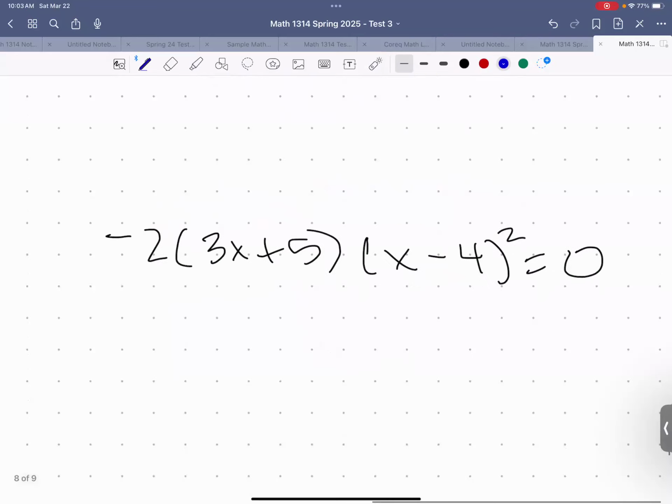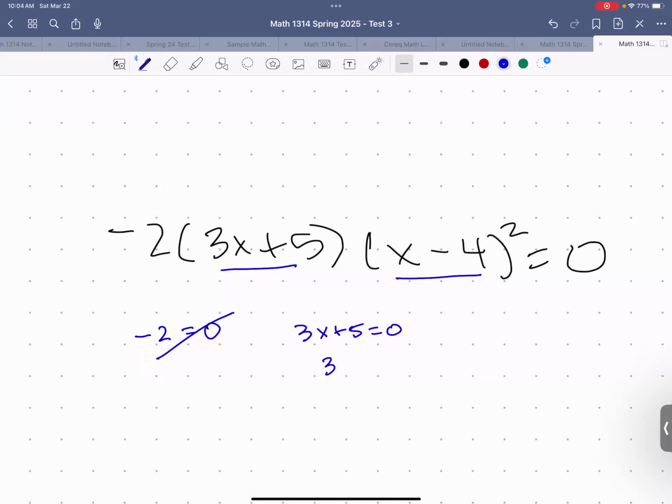One more like that. I have negative 2, 3x plus 5, x minus 4 squared. Again, the quantities inside are linear, which is what I'm going to focus on. If I take that first factor of negative 2 and set it equal to 0, there's no variable there. There's no x with that. So it's not going to give me a solution. So I'm just going to not get anything from that one. 3x plus 5 equals 0.